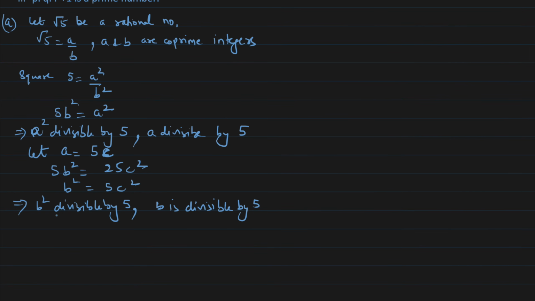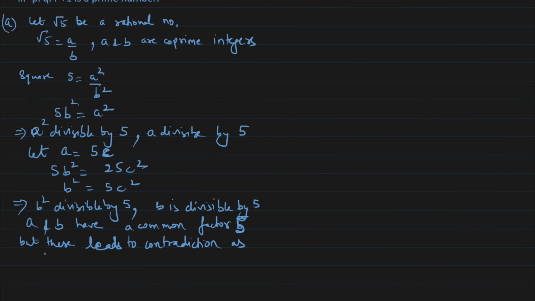So what does it show? That a and b have a common factor 5, right? So we are getting a and b with common factor 5, but this leads to a contradiction as a and b are co-prime numbers.